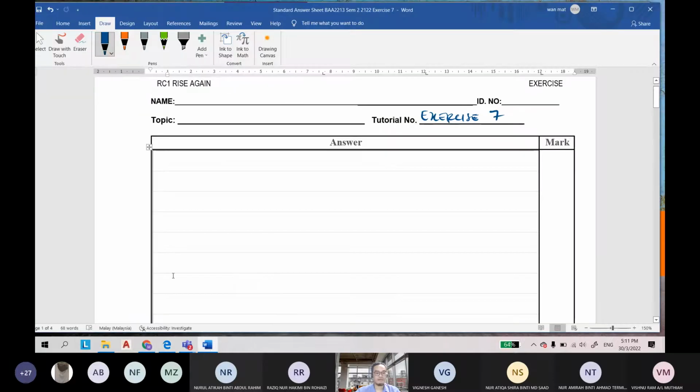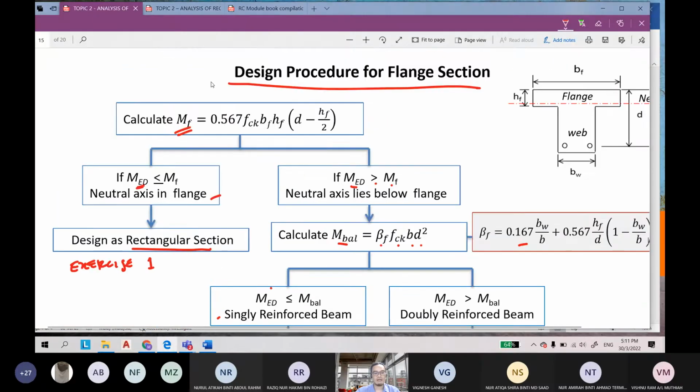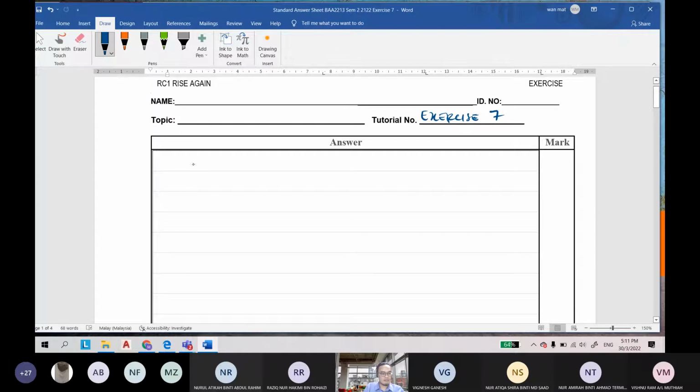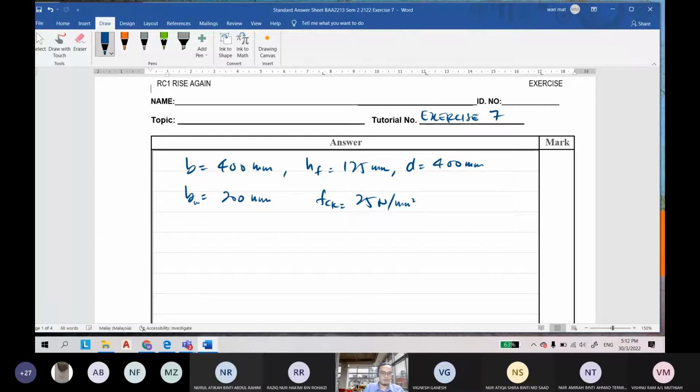First, we check the MF. The given data: B is equal to 400 mm, HF is equal to 125 mm, D is equal to 400 mm, BW is equal to 200 mm, FCK is equal to 25 Newton per millimeter square, and FYK is equal to 500 Newton per millimeter square.